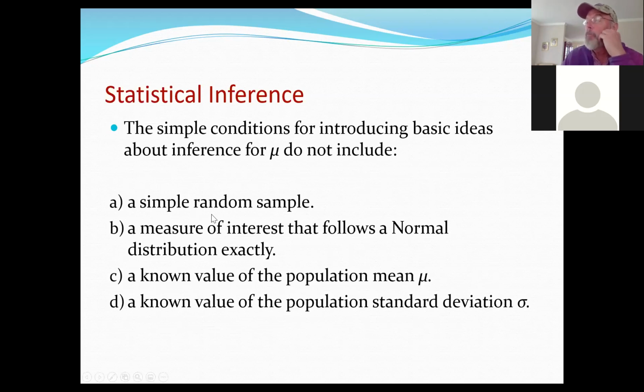Okay, do we need a simple random sample? Yes. Do we need some information that tells us that the population distribution is normally distributed? Yes. Do we know the population mean? No. Okay. We do know the population standard deviation.